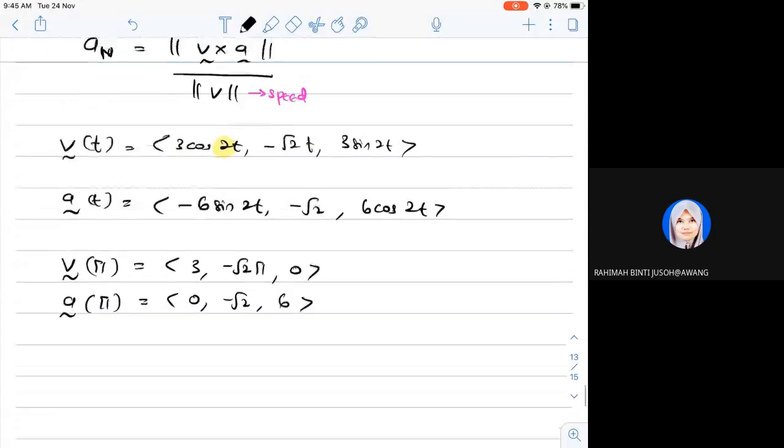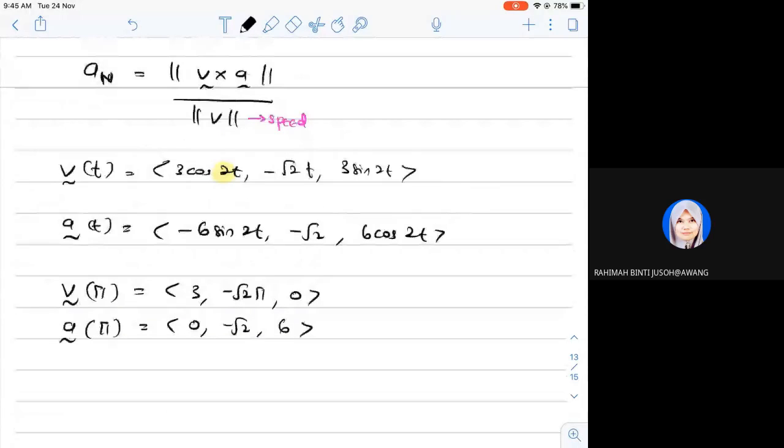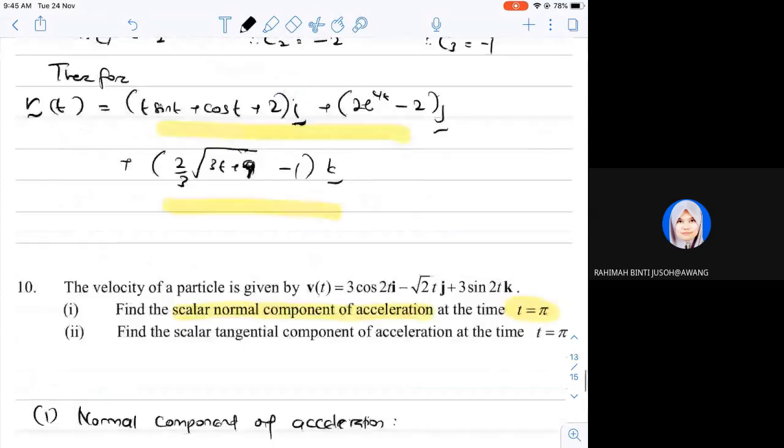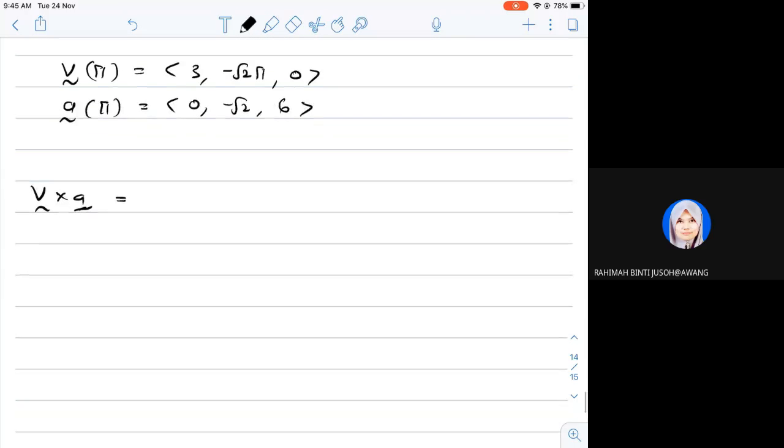Next, we have to do the cross product, V cross A, equals the determinant with i, j, k. Don't forget the plus, minus, plus.